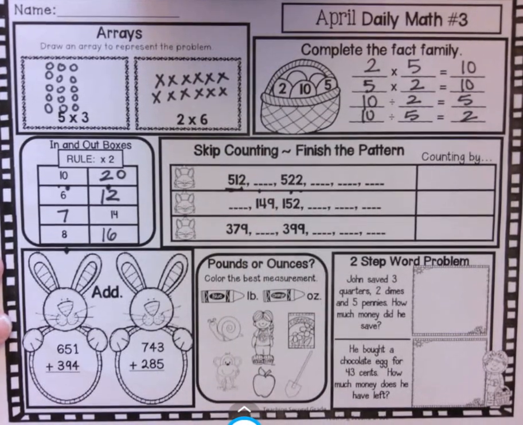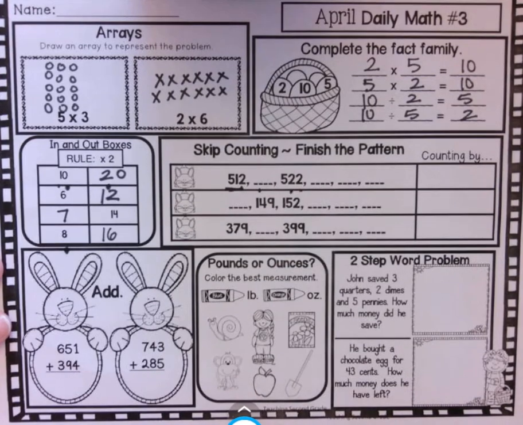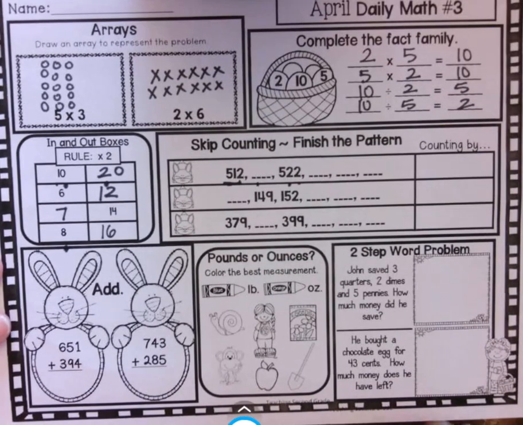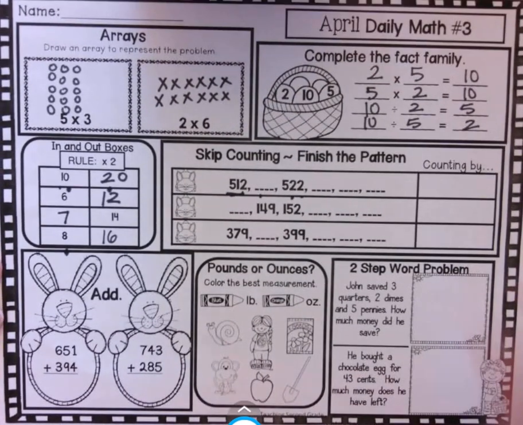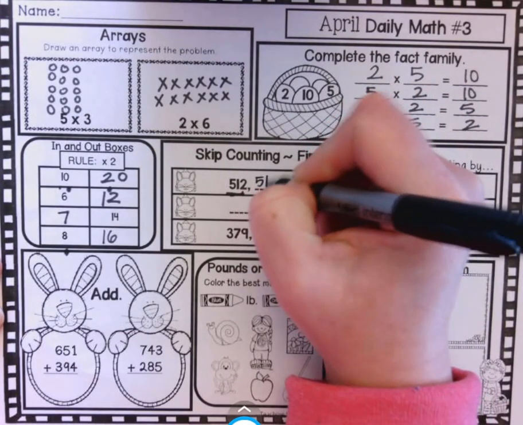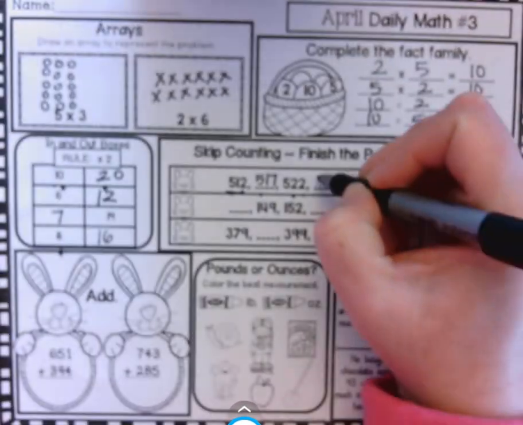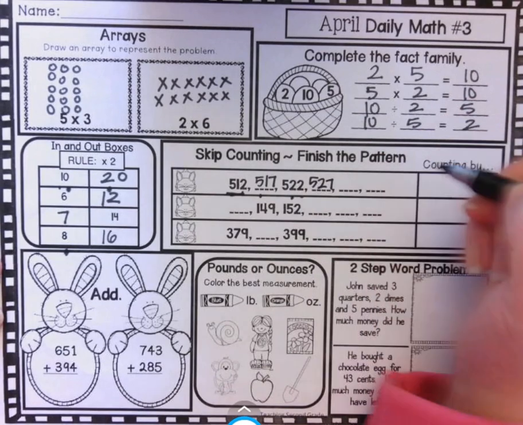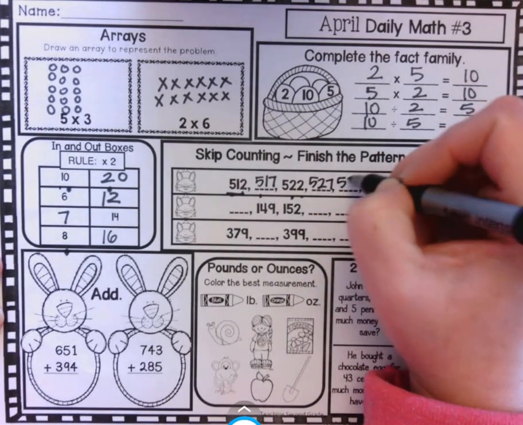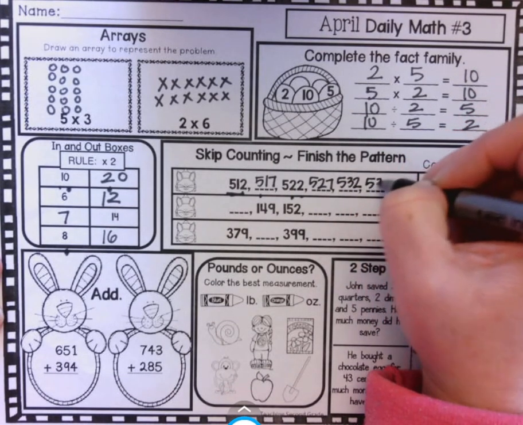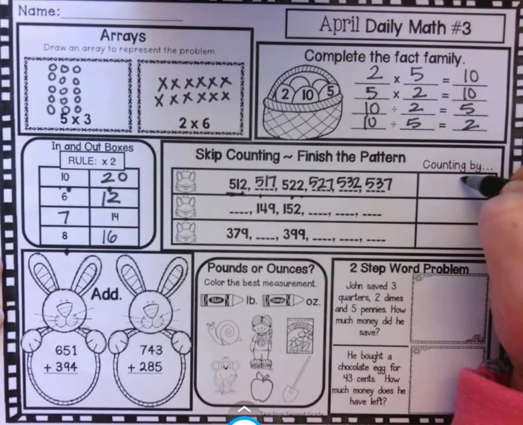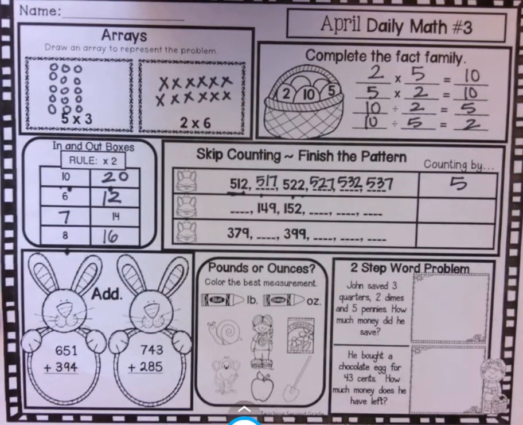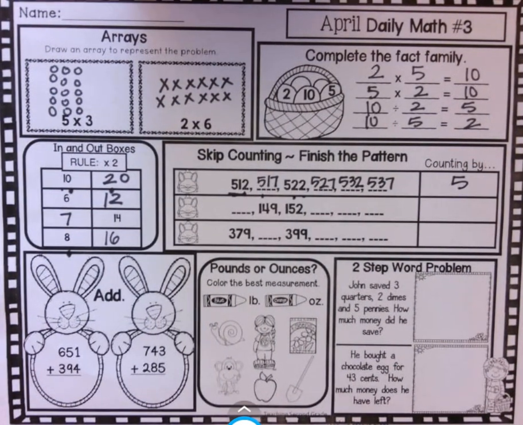So we're adding 5. So 512, and then, oops, sorry, I moved my paper. 517, 522, 527, 532, 537. And what are we counting by?